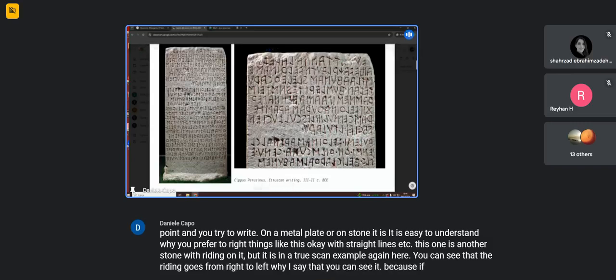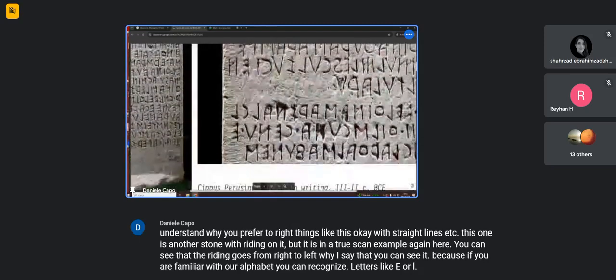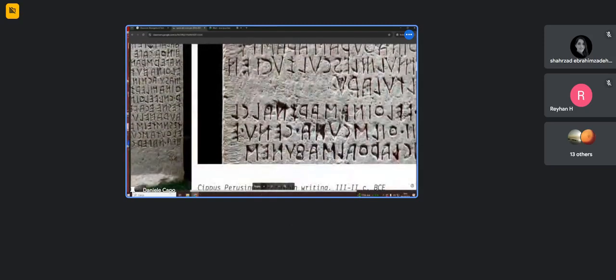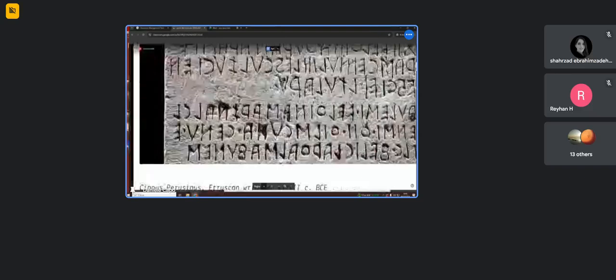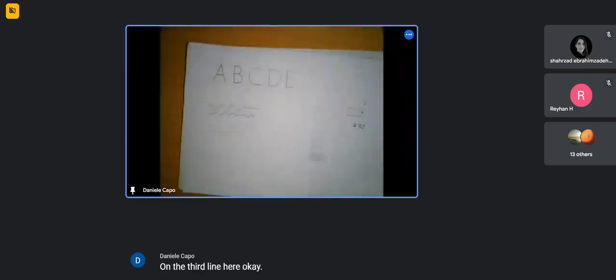Because if you are familiar with our alphabet, you can recognize letters like E or L on the third line here.